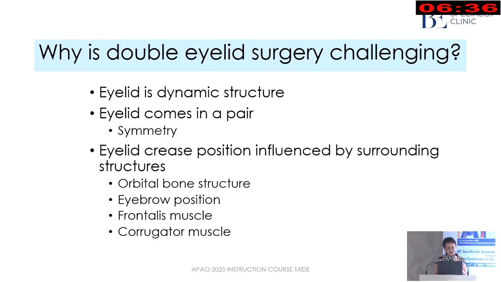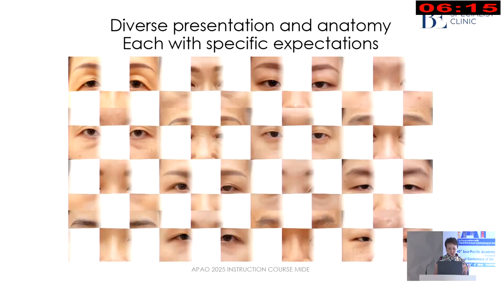So why is double eyelid surgery challenging? Because we have two eyes, and the eyelid is a dynamic structure. It comes in a pair, so symmetry becomes a very important factor. The eyelid crease position is also influenced by surrounding structures, for example the orbital bone and eyebrow position, which is influenced by the frontalis muscle and also the corrugator muscle.